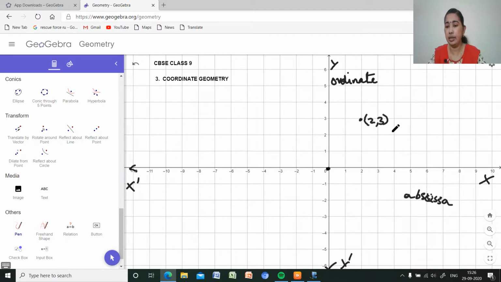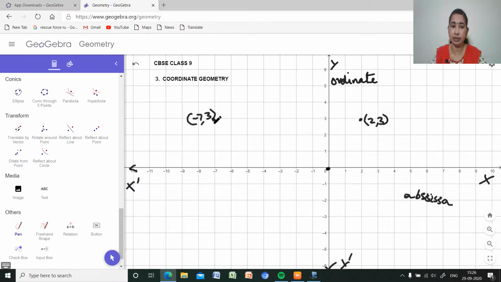In the first quadrant both the x value and y value are positive, whereas in the second quadrant the x value is negative and the y value is positive. So if I take a point here, that point will be (minus 7, 3): minus 7 from the x-axis and 3 from the y-axis.